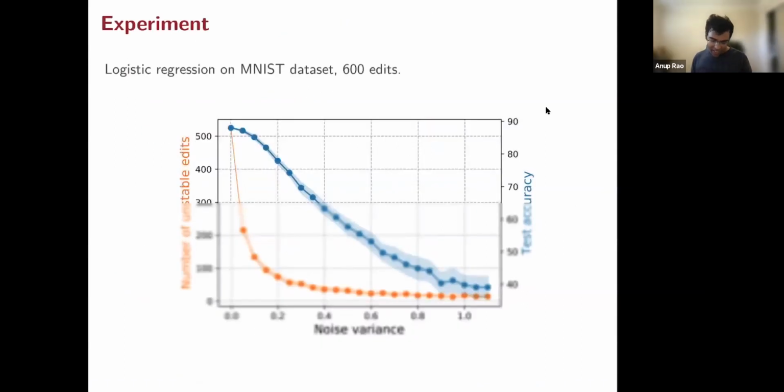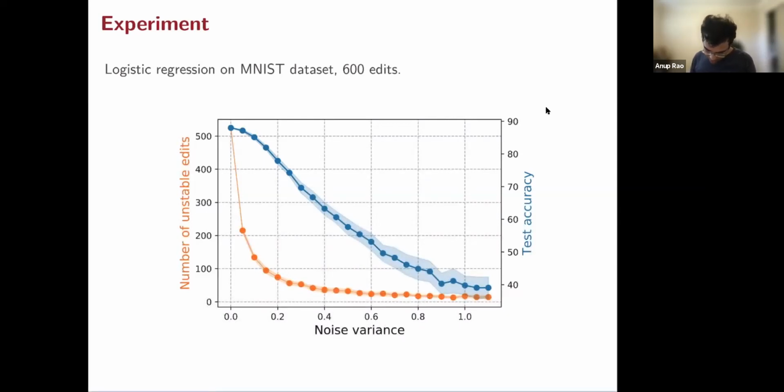And finally, we did some experiments on logistic regression on MNIST data. And what you can see here is a plot of the trade-off between the number of recomputations and the test accuracy. Maybe you can just look at the noise variance.